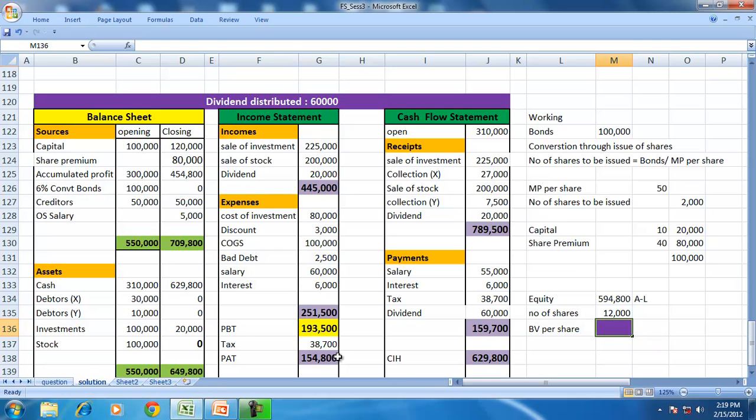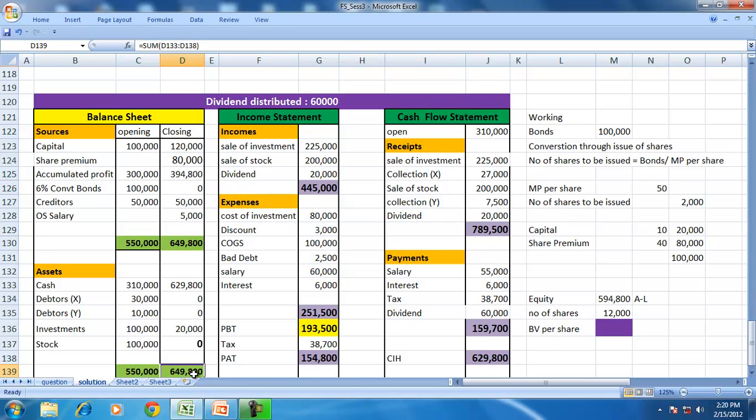Then we have no change in the PAT. PAT will not change. The cash is changing. Cash is now 629,000. But we can see that the accumulated profit will be 154 minus 60,000, that is 394,000.